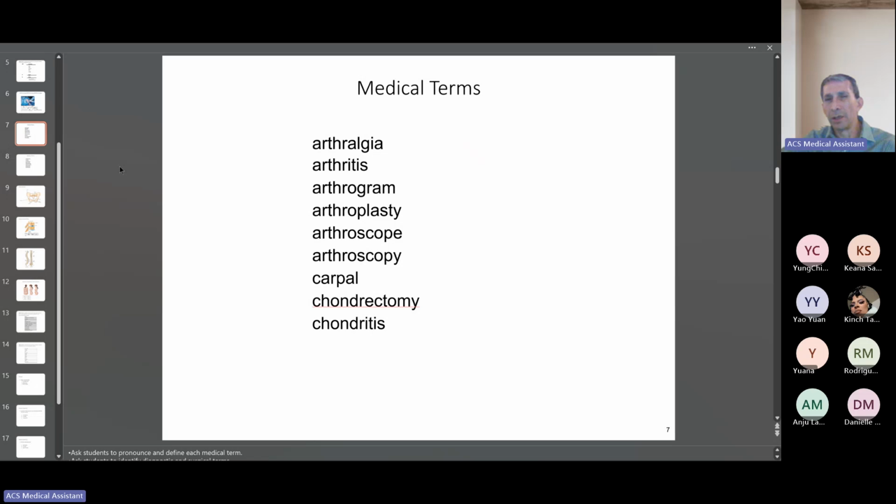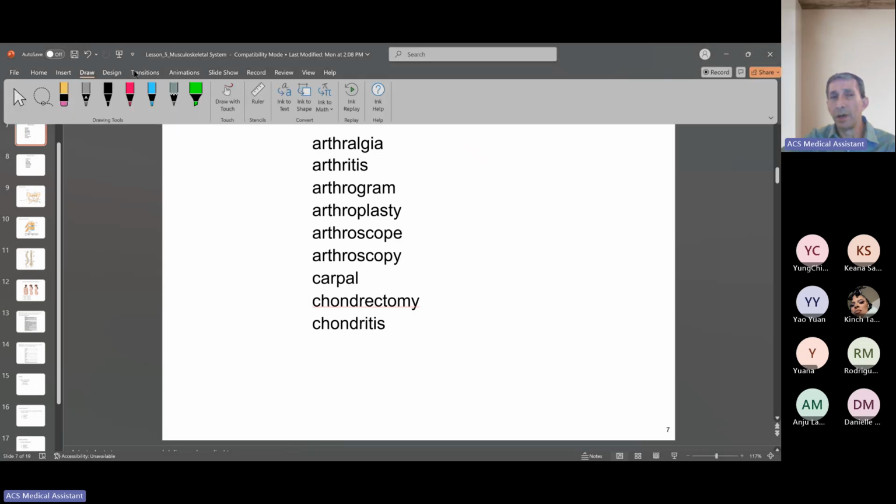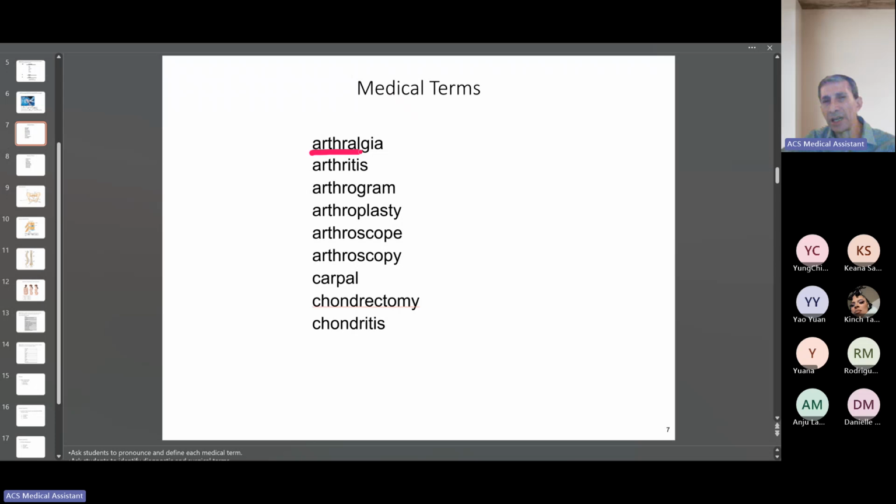Okay, so let's talk about the medical terms that describe articulation of bones, the skeletal system, and the musculoskeletal system. Arthralgia. Well, we know that arthr is the word root. So whatever is left is the suffix, algia.